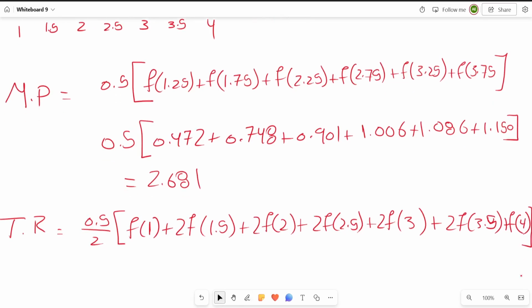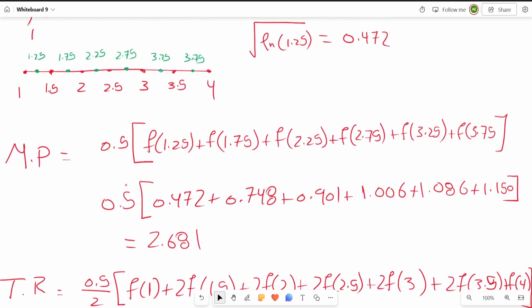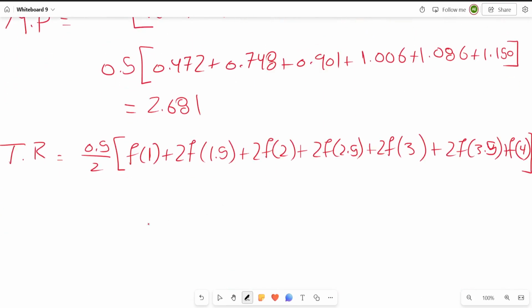Okay, so if I want to get f of 1, I'm just going to evaluate square root ln of 1. 0.5 over 2 is basically 0.25 times f of 1, which is basically 0 because ln of 1 is 0, plus 2 times f of 1.5, which is 0.637. I'm going to do the rest the same exact way.